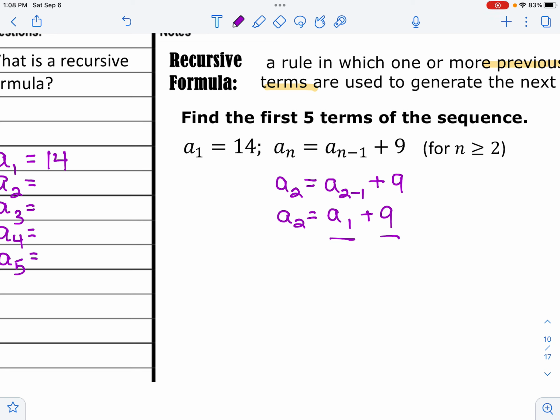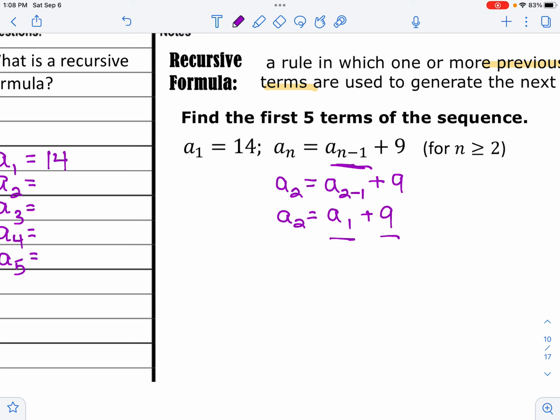So up here where it says a sub n minus 1, it's really just a fancy way of saying this is the term right before this one, or the previous term. So you'll notice that this is the one right before this one. So this is really just a fancy way of saying take the previous term and add 9.